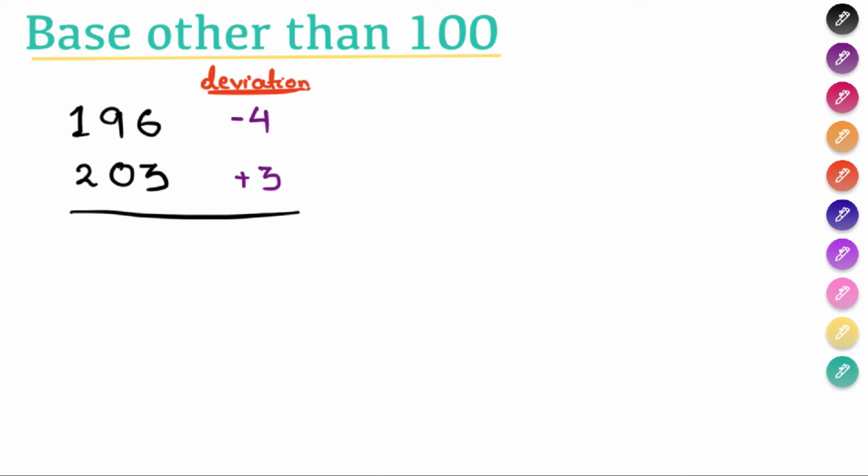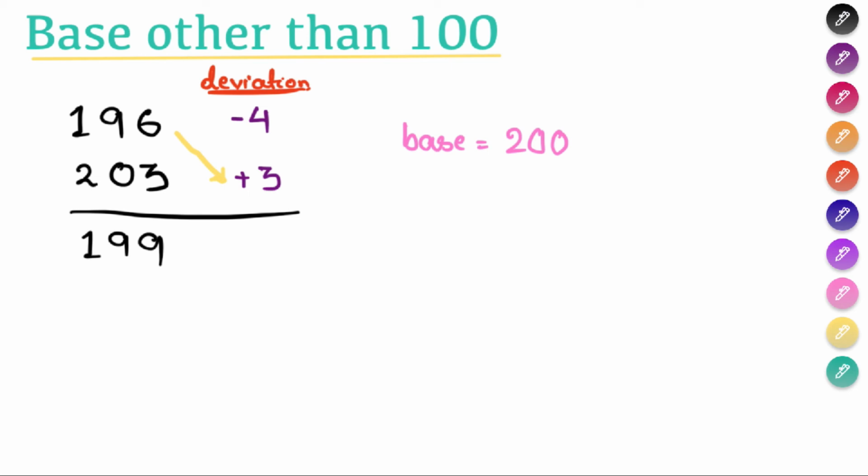In the second step we simply have to do any one of these operations, either 196 plus 3 or 203 minus 4. I am more comfortable with 196 plus 3. So I will simply write 196 plus 3, that is 199. Now over here we have taken the base as 200. So we have to multiply this with 200. So 199 into 200.